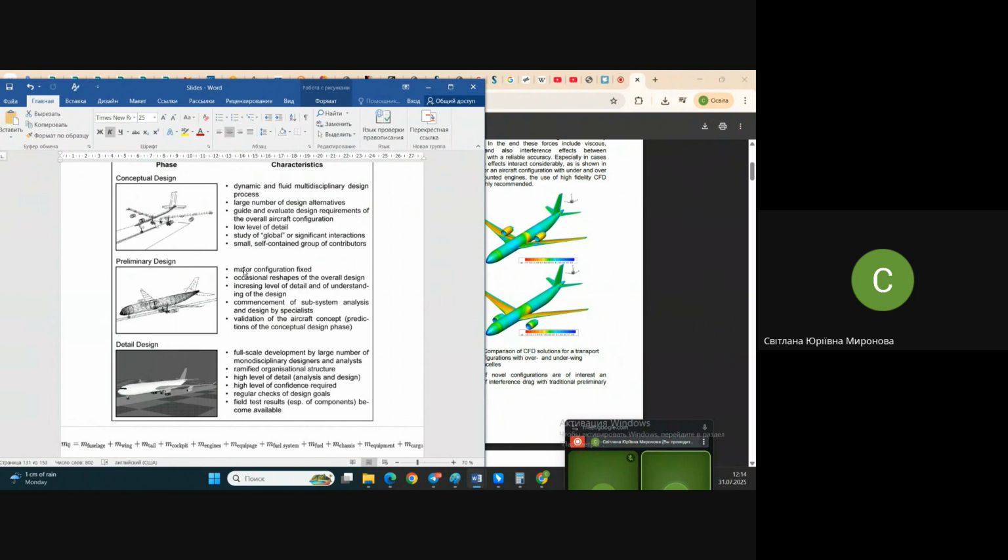What is next? Tailless, flying wing, and so on. The weirder one, let's say, the more complex it will be in the design process because they are not usual. So, demands of aerodynamics.